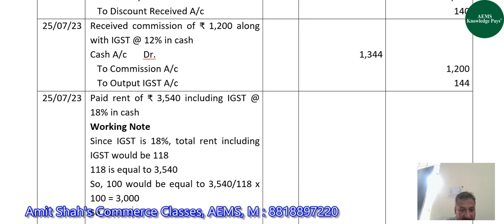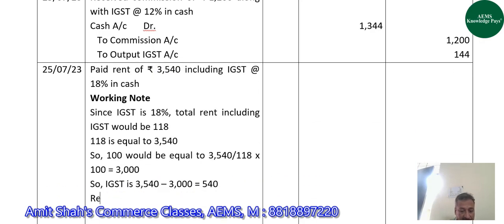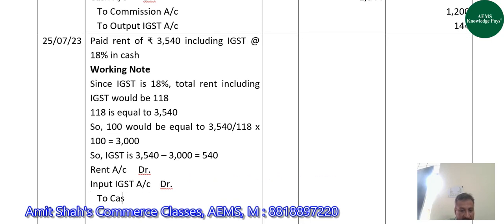So IGST is 3540 minus 3000, which is 540. You can check it out. Rent is 3000. 18% of rent is how much? 540. So 3000 plus 540 is 3540. So our journal entry would be rent account debit, input IGST account to cash account.